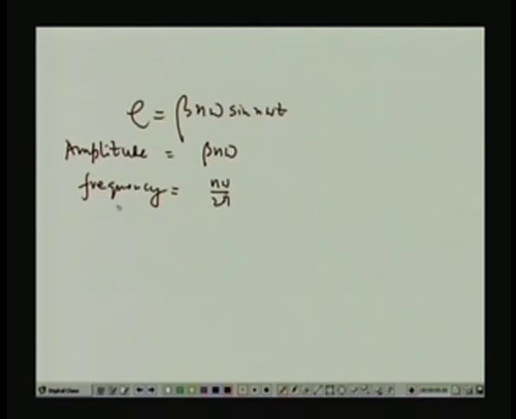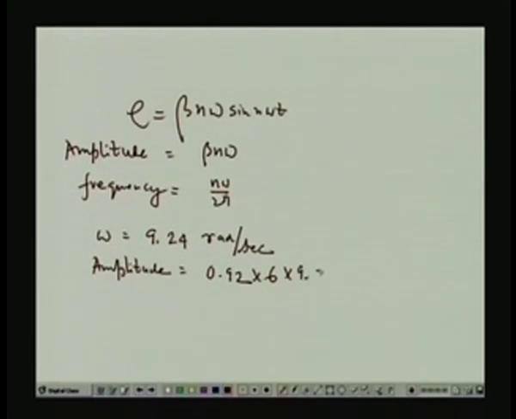So omega will be, for the minimum flow rate, if I plug in all the expressions, 9.24 radians per second, and the amplitude will be given by 0.92 multiplied by the number of blades, 6, into 9.24, which will be 51 millivolt.